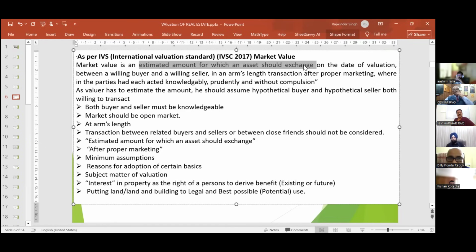Estimate means no two valuers can give the same value. Friends, this is the most important definition you have to learn as a valuer. Each and every word of this definition can be an MCQ during your examination. I request everyone to make bullet points on your paper, with your pen, with your hand, so that it can be fixed in your mind.